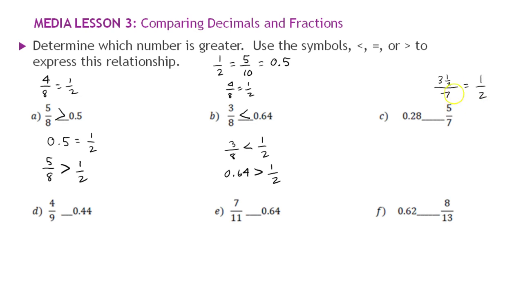And 5 is greater than 3.5, so 5/7 is greater than 1/2. Okay. Now 0.28 compared to 0.5, well, 2/10 is less than 5/10, so 0.28 is less than 0.5. So this is less than 1/2, this is more than 1/2, so 5/7 is greater than 0.28.